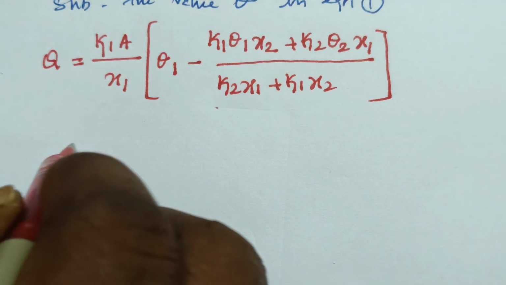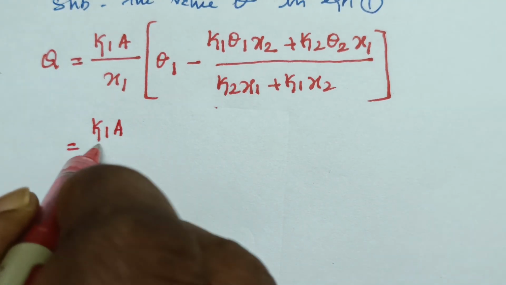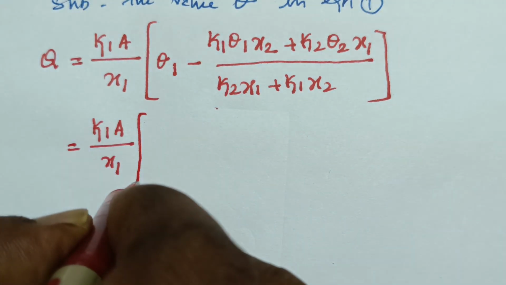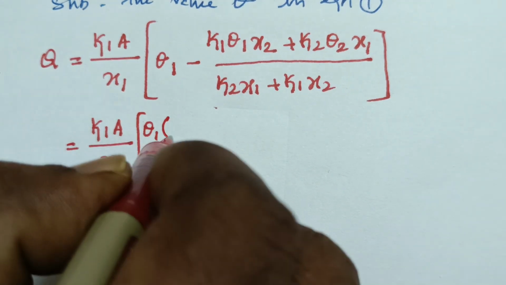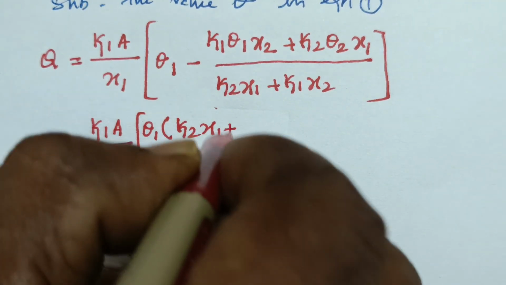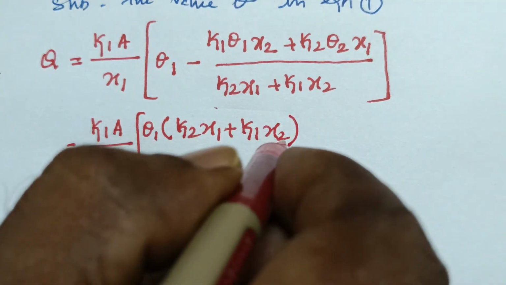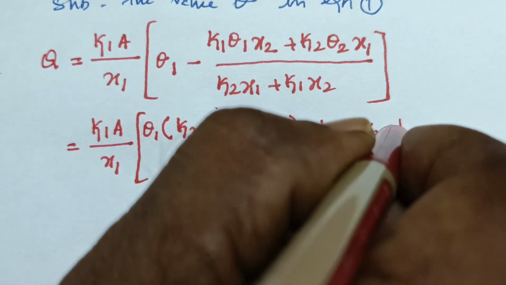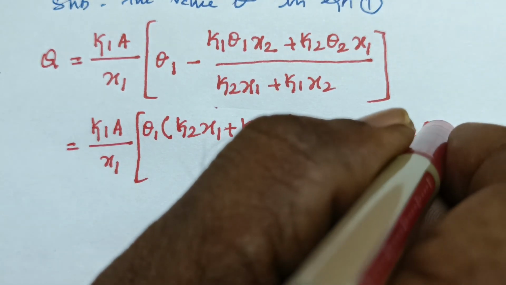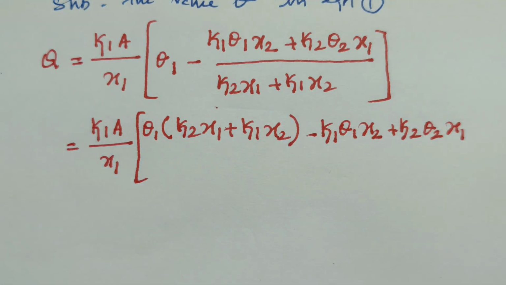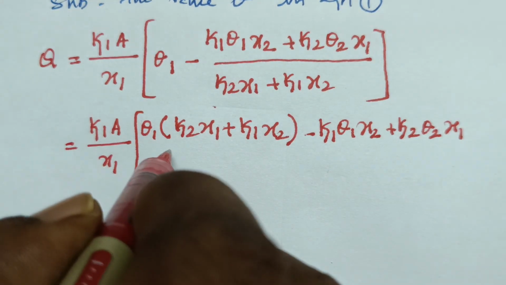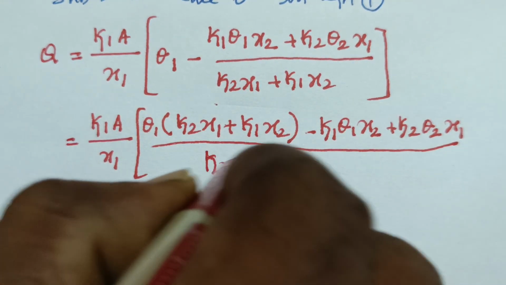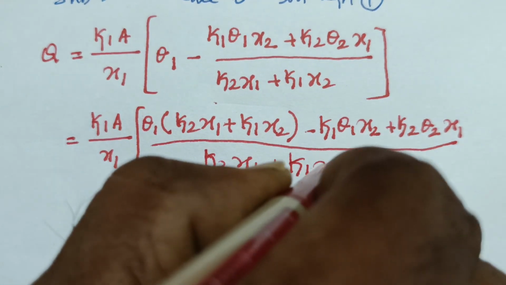Now you can simplify. K1 A divided by x1 into, cross multiplying, theta 1 into K2 x1 plus K1 x2 minus K1 theta 1 x2 plus K2 theta 2 x1, the whole divided by K2 x1 plus K1 x2.